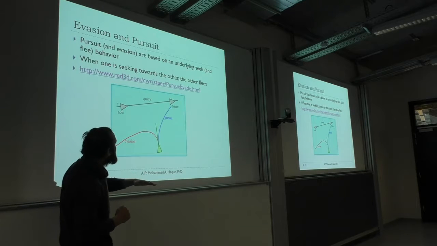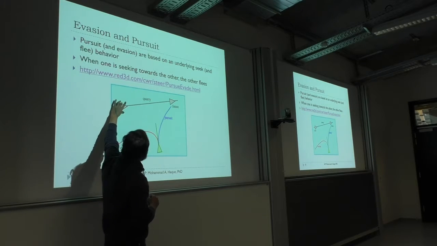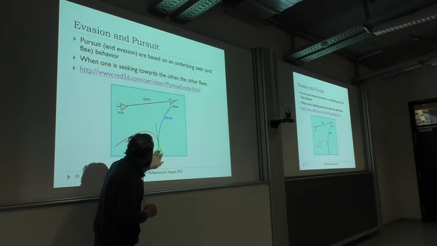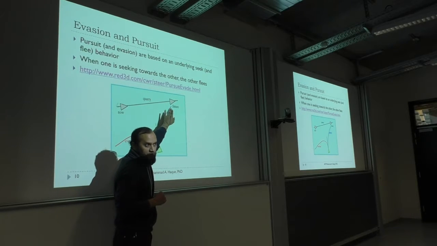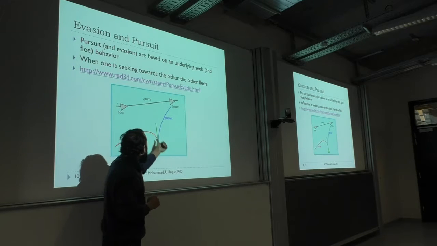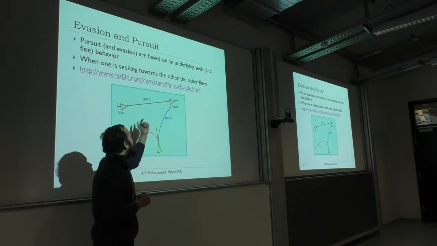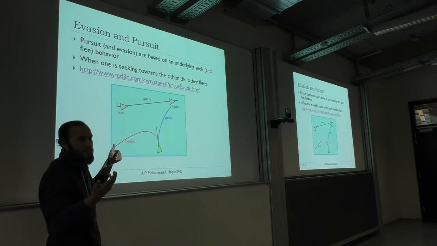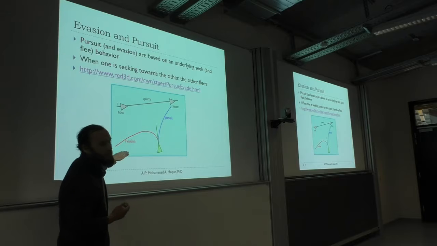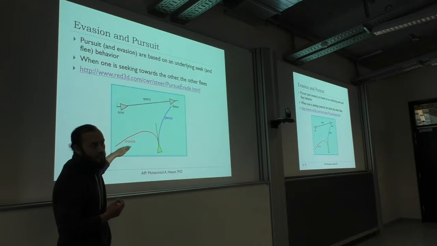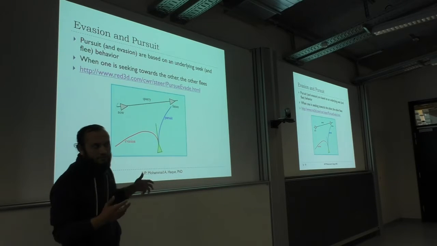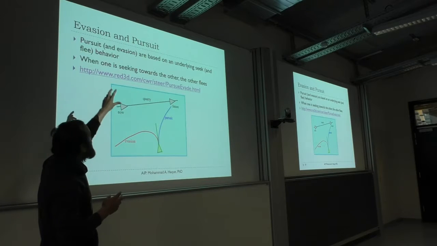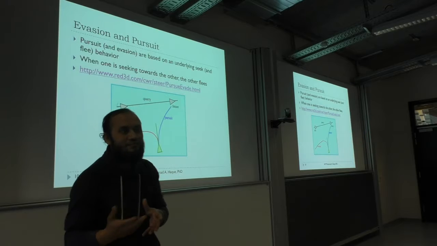And the opposite of pursuit: this one is going to that position in a future time, and your vehicle can go to that position. This is pursuit, but if your vehicle is trying to avoid that position, trying to make a bigger distance from that position, then we call this evasion. So do you understand the difference between evasion and pursuit related to seek and flee?